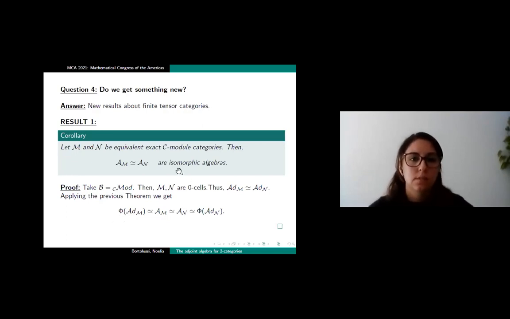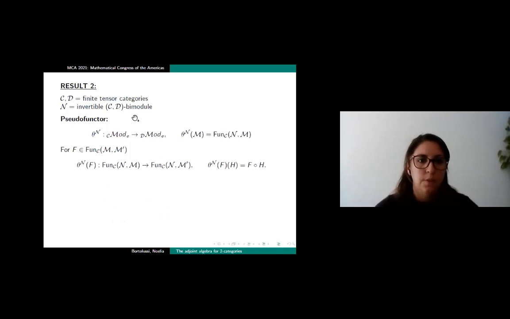But the more interesting result is this one. If you take C and D finite tensor categories, and an invertible C-D bimodule N, you have a pseudo-functor which is defined like this.